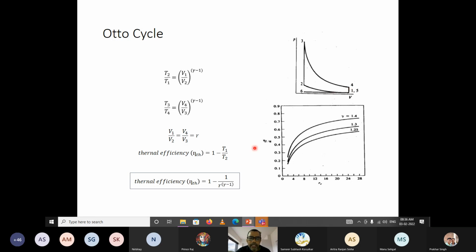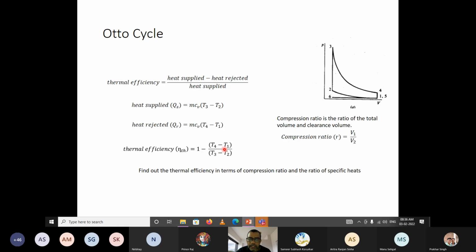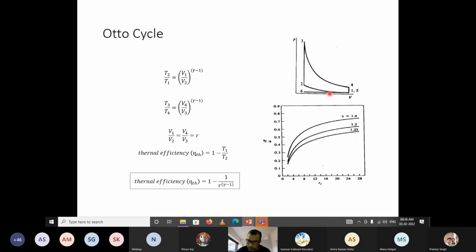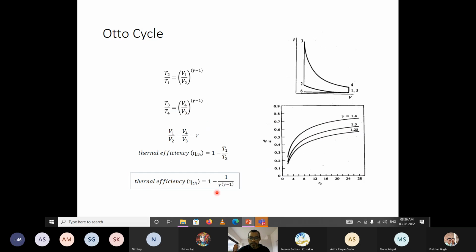Finally we will come back to this ratio, (T4 minus T1) divided by (T3 minus T2), which turns out to be equivalent to T1 divided by T2. Then again we will utilize the concept of the compression ratio, and finally we can reorganize this equation in terms of the compression ratio only.